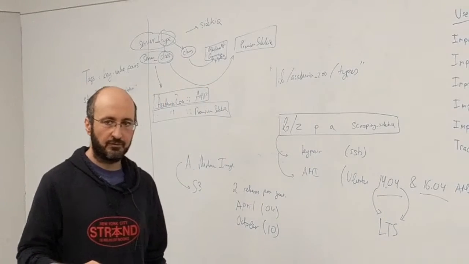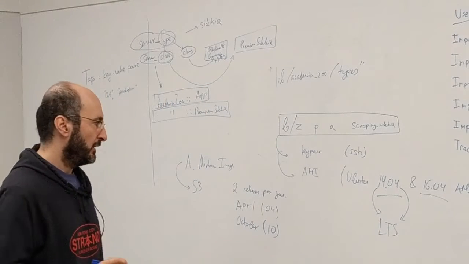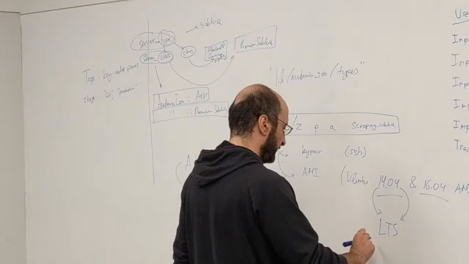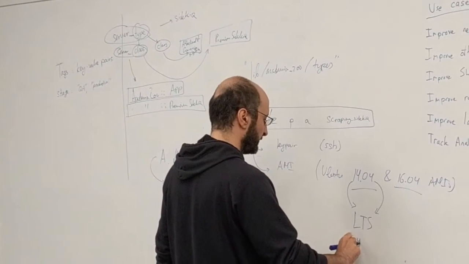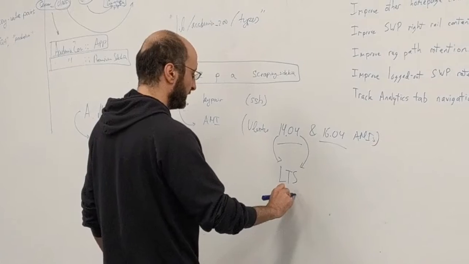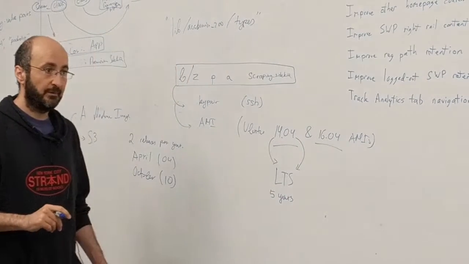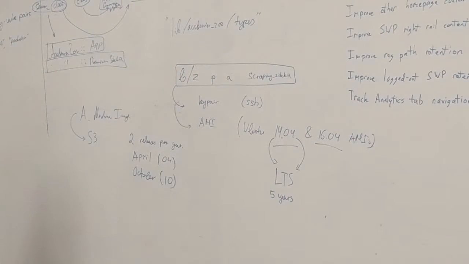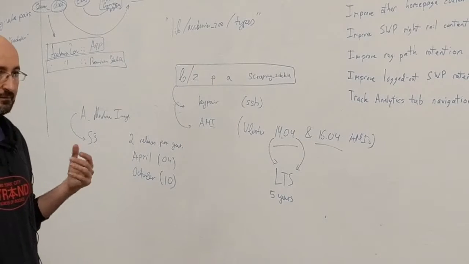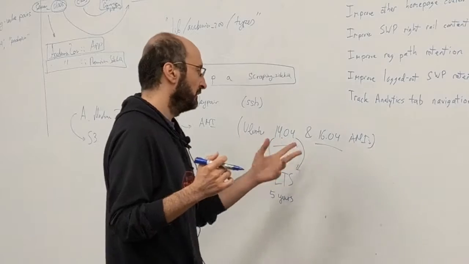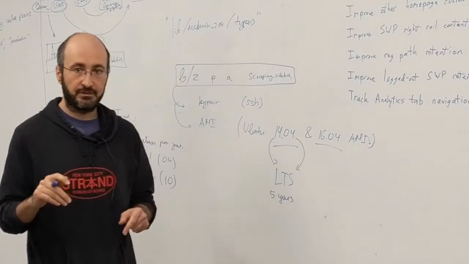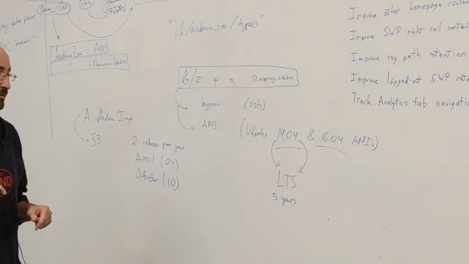LTS stands for long-term support. And what that means is that they provide security updates to those distributions for 5 years going forward. That's why most places that run production machines, if they run Ubuntu, run one of these, 14.04 or 16.04. What is LTS again? Long-term support.